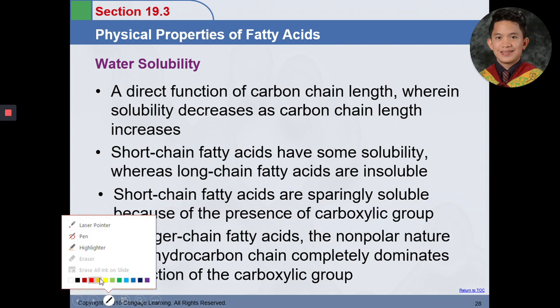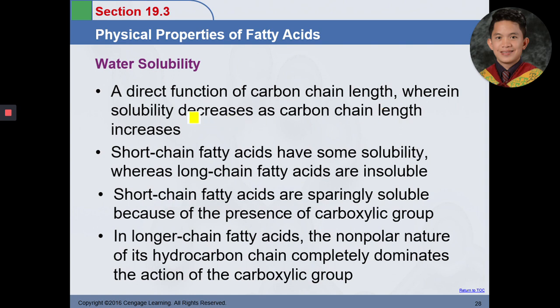So take note of that one. Solubility decreases as carbon chain length increases. Meaning, the longer the chain, the lesser its solubility. Mas taas ang chain of fatty acid, mas gamay or the lesser is its solubility in water. Which is why it is said here nga water solubility daw is a direct function of carbon chain length. Okay, so remember that one.